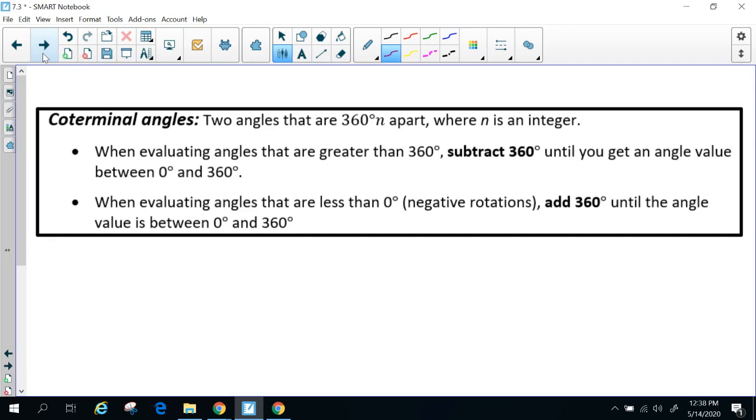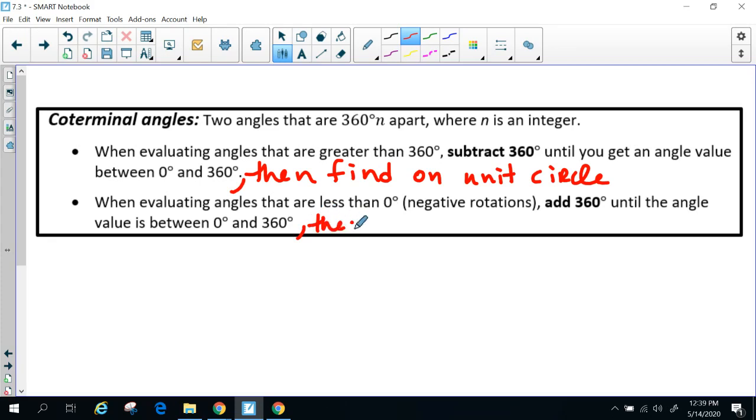So you're going to keep subtracting 360 degrees until you get an angle value between 0 and 360, and then find it on the unit circle. We're going to see negative angles today, negative rotations. So we're going to keep adding 360 degrees until the angle value is between 0 and 360, on the unit circle, so then we'd be able to find it.